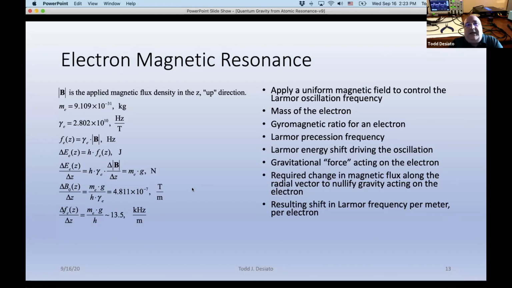Again, it's not a very big number. 13.5 kilohertz is not a large number, but it's a shift in the Compton frequency, which is a very large number.